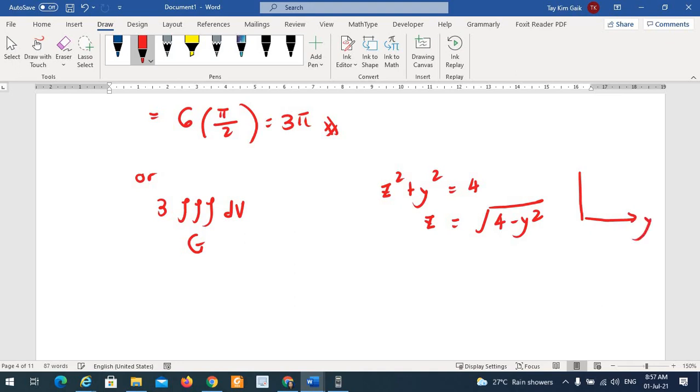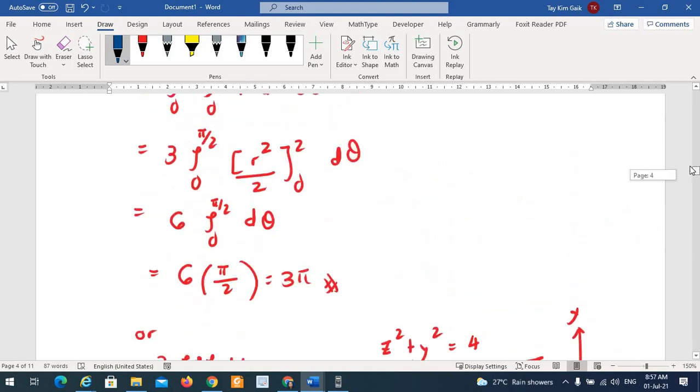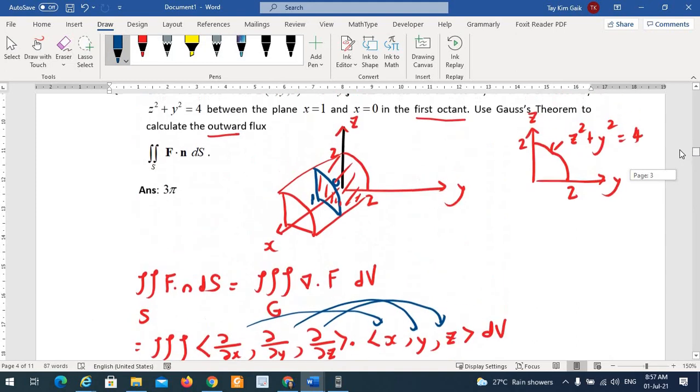So this is y, this is x. If we use dz dy dx, x is bounded 0 to 1, y is bounded 0 to 2.